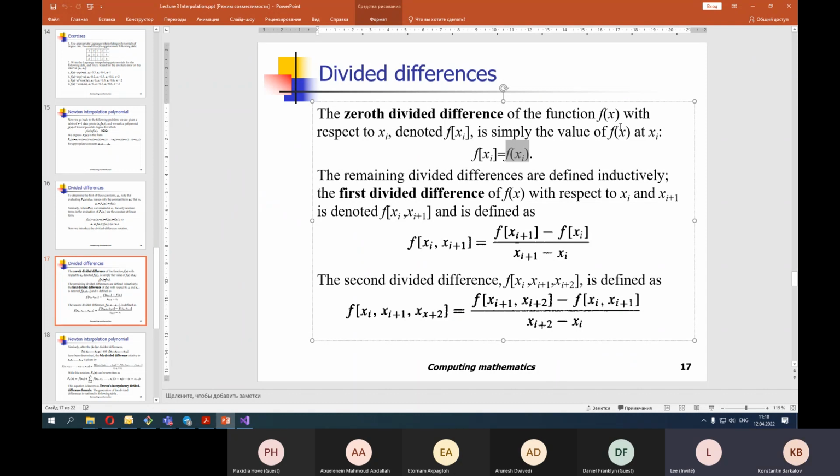The first divided difference of f of x with respect to the points xi and xi plus 1 is denoted as f[xi, xi plus 1] and is defined as follows: we take the previous divided difference, subtract it, and divide over xi plus 1 minus xi.